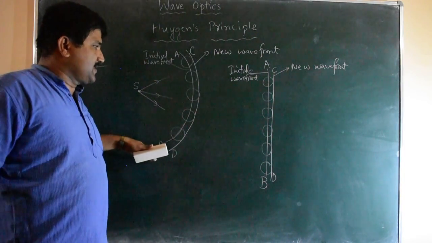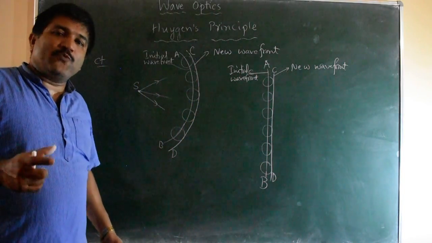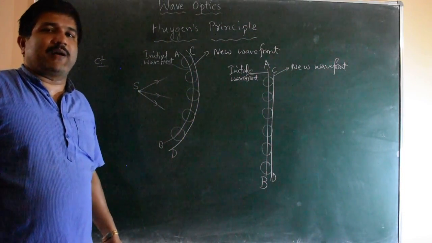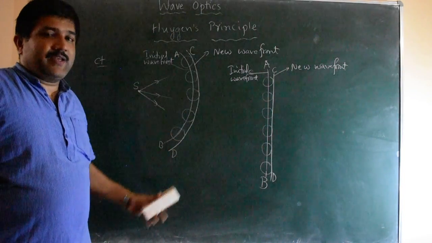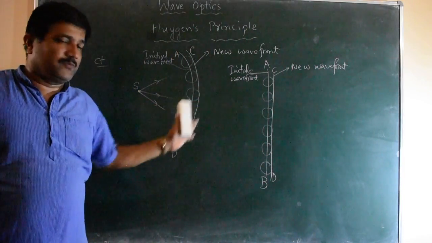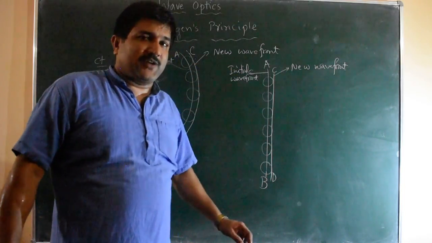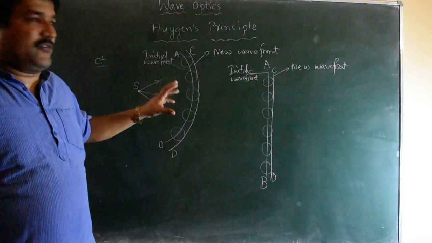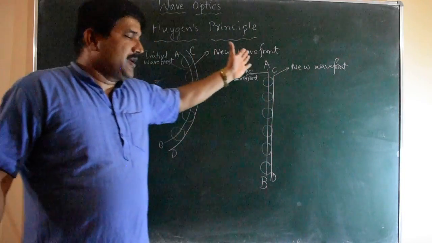Here it is a spherical surface, here it is a plane surface. So the position of the new wavefront is obtained by drawing a tangential surface to the secondary disturbance or secondary wavelets, which are spherical wavefronts shown in both the figures. Whatever circles are shown in the figures, they represent the spherical wavefronts produced from the primary wavefront.